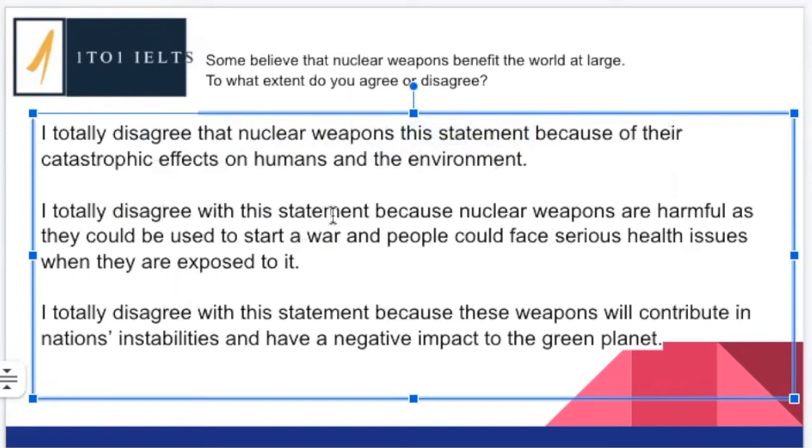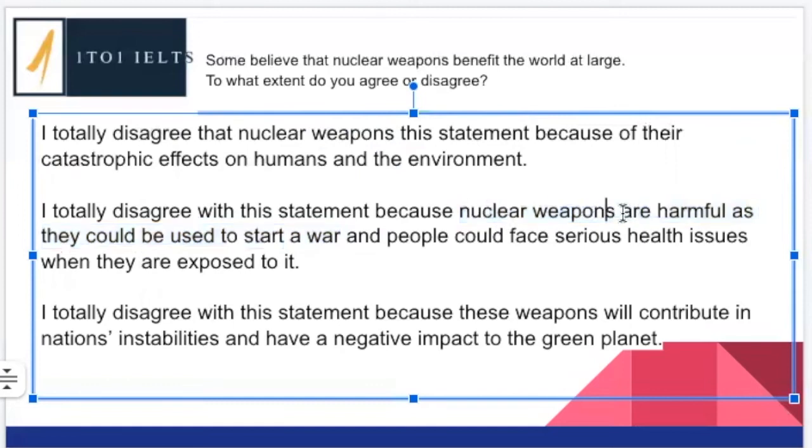So I totally disagree with the statement because, nice, nuclear weapons are harmful as they could be used to start a war. So here, when we look at this, it almost looks like we've got our explanation included in here. So I think we could be maybe a little bit more specific here.